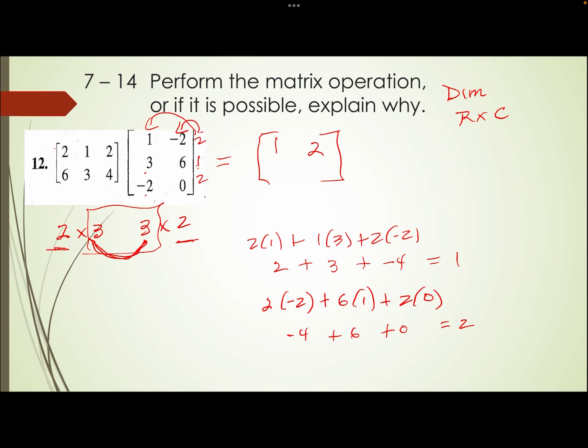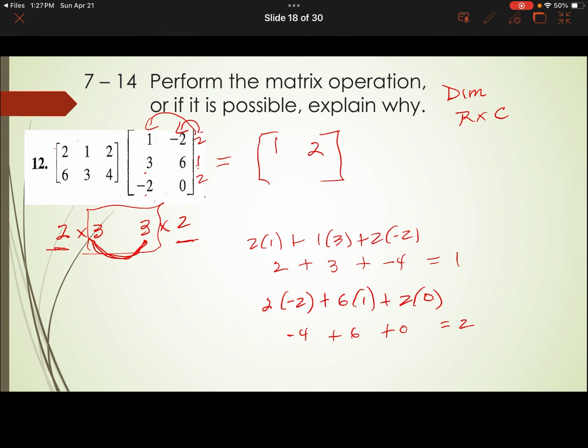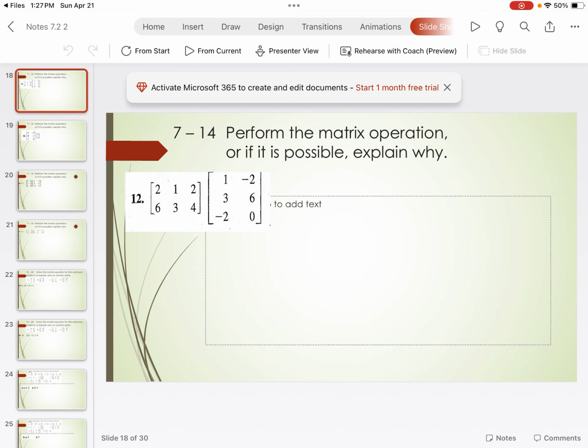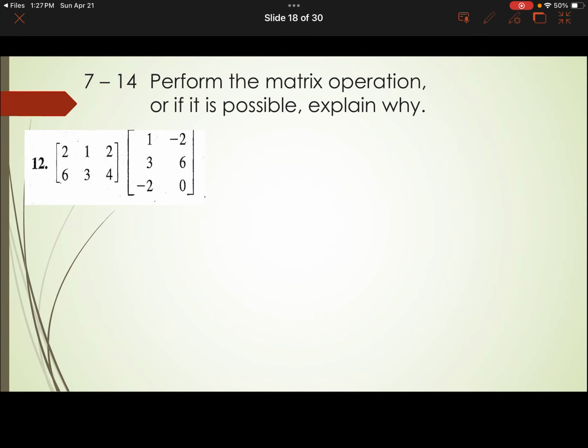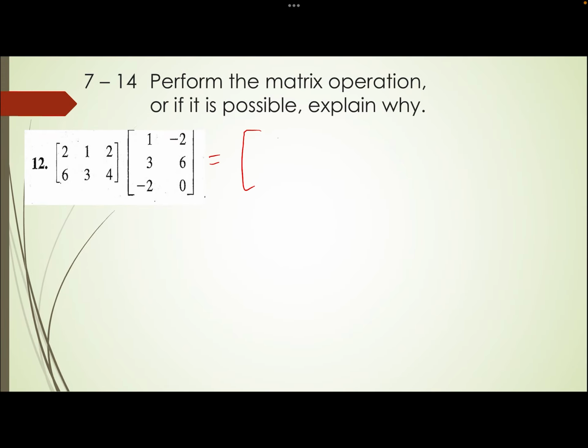Then I move on to the next one. So I'm going to erase this work so we can see. I move on to the next row because this row has moved through all the columns. So now I move on to the next one. So remember, we have 1 and 2 here. And then I move on to 6, 3, and 4.